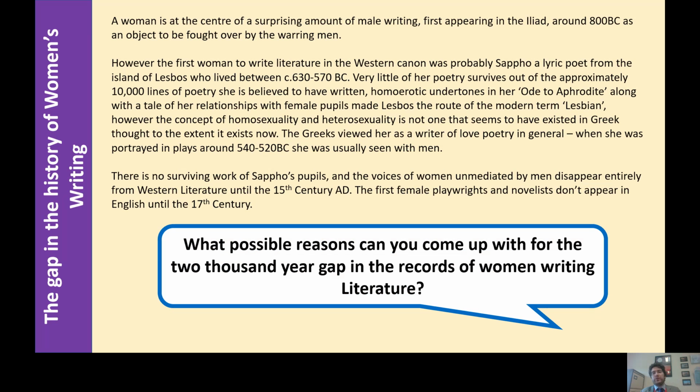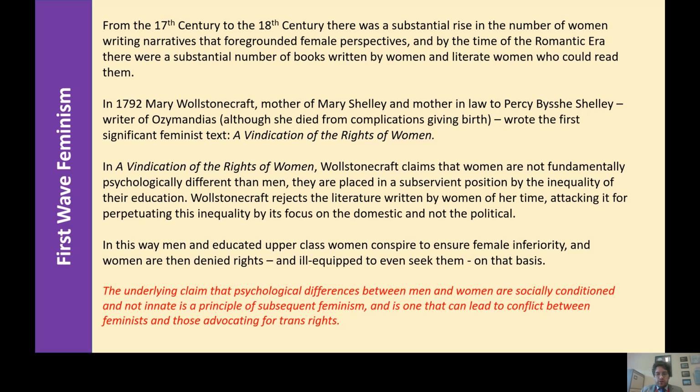So something happens in Western civilization, or a combination of cultural and societal factors happen, and they erase women's voices. So the next time we can talk about women in literature is really the 17th century.